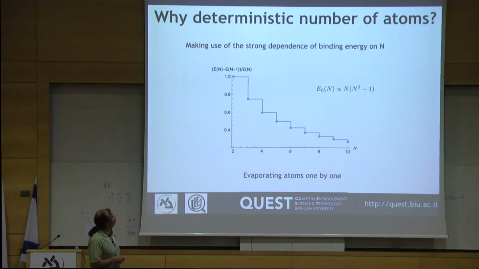This is actually a very simple curve that shows you jumps in binding energy, relative binding energy, when we consider a small number of atoms. So if we have 10 atoms, for example, to go from 10 atoms to 9 atoms, the binding energy jumps.